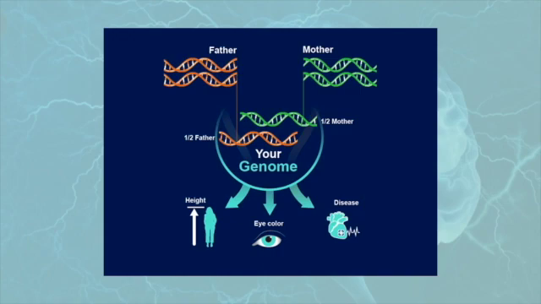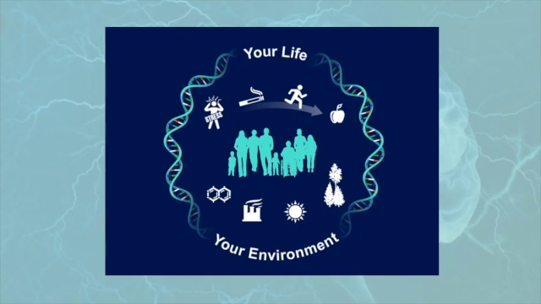So, as the image suggests, genes do influence the colors of our eyes, our hair, and how tall or short we are, and also our susceptibility to certain diseases. Yet, genes don't really determine much more than that.